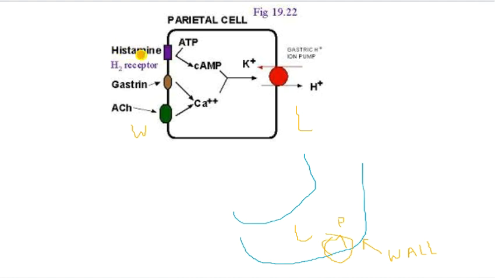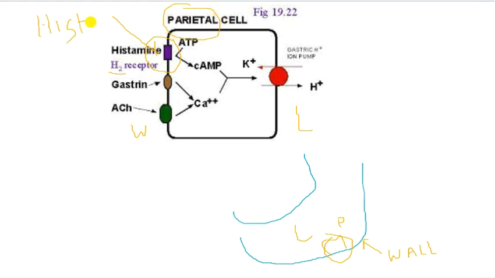Here we have the histamine H2 receptor. So histamine can bind here. Very important, it is the H2 receptor, not H1. H2 receptors are present in the parietal cell of the stomach.